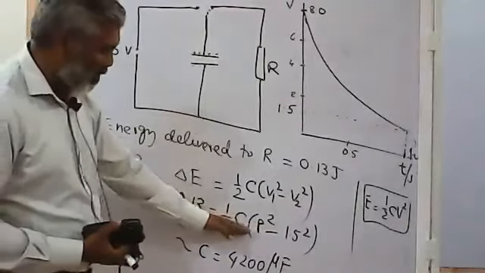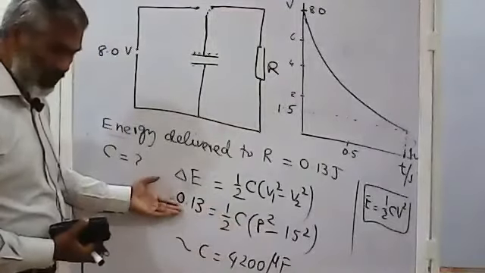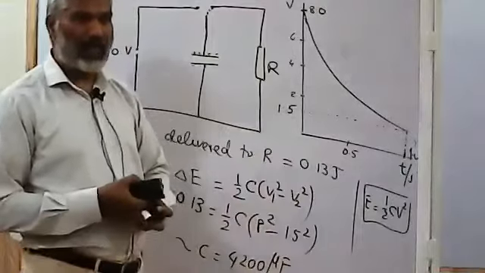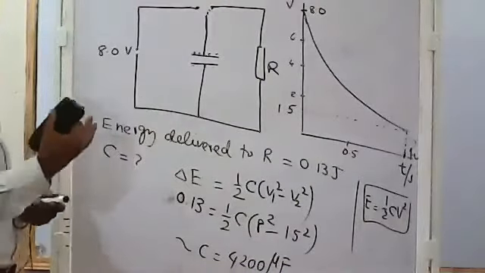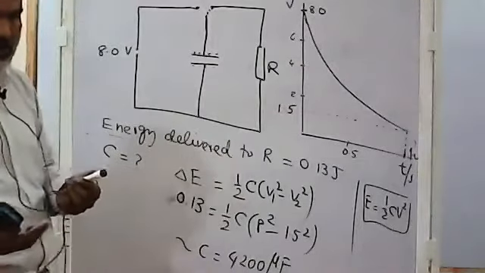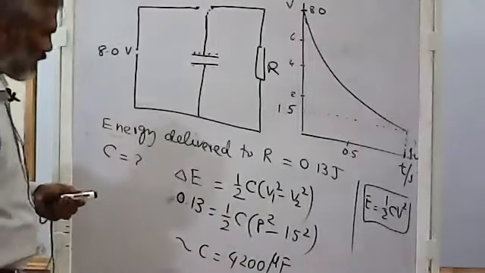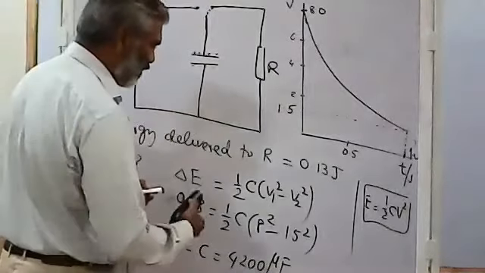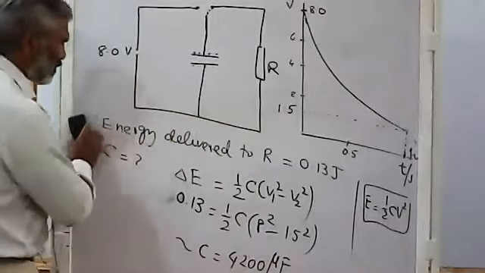So 8 squared minus V2 squared is equal to the known energy delivered divided by the known capacitance. That will give us the final voltage that the capacitor will have if it gets discharged from a certain initial value and it loses its energy, it loses its charge, and this is the formula that we use in that case. So a very useful formula which can be used to calculate various quantities involved here.